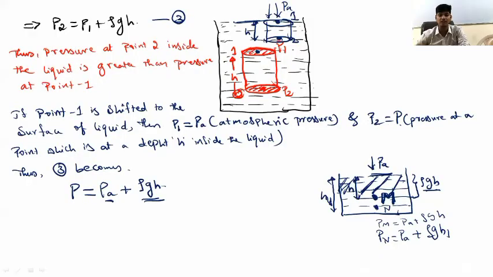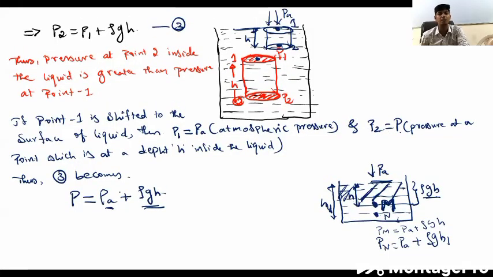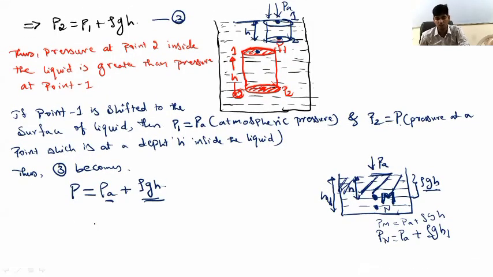So the pressure at a point inside the liquid is P equals PA plus rho g h.